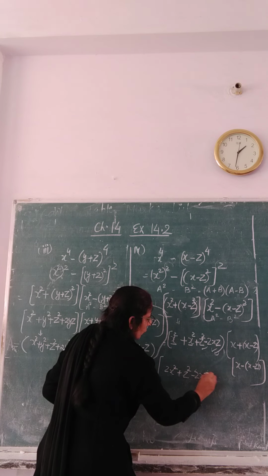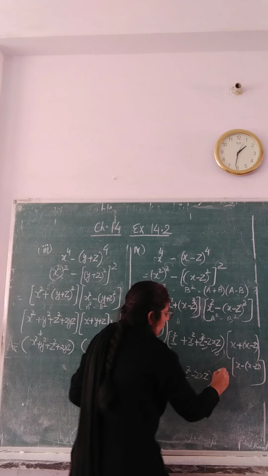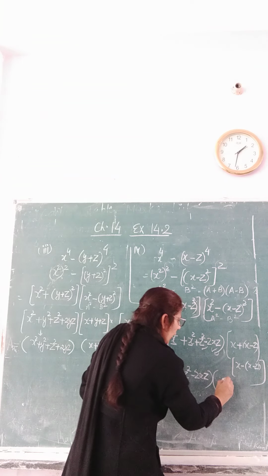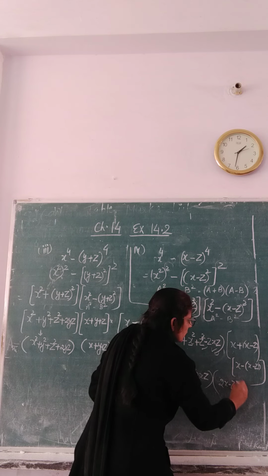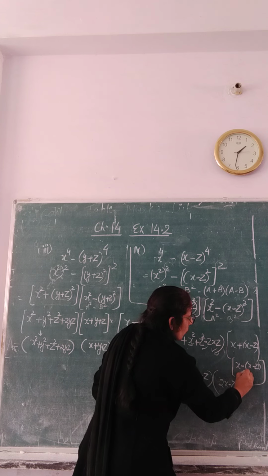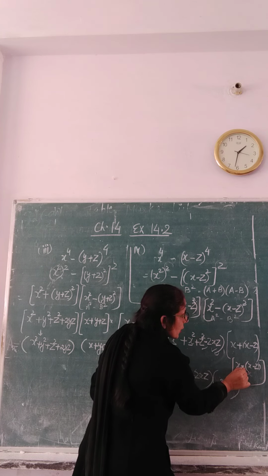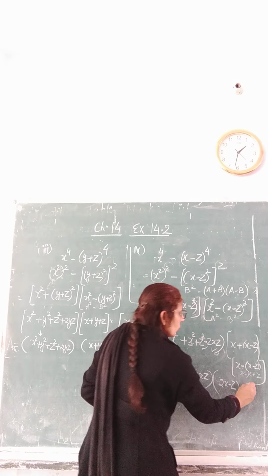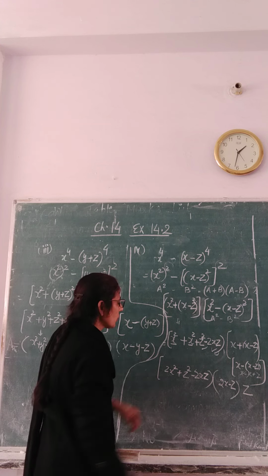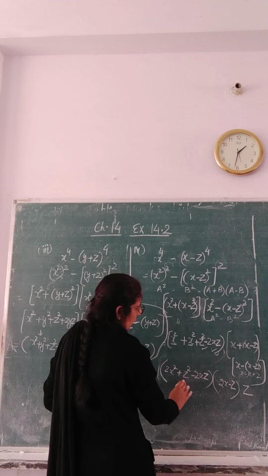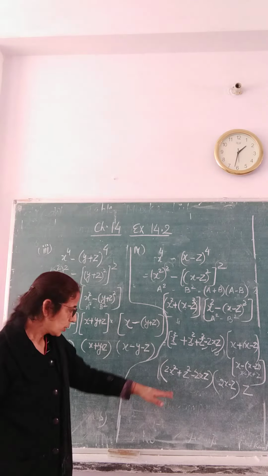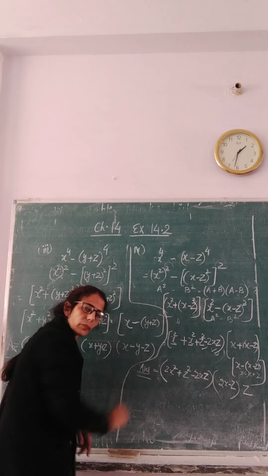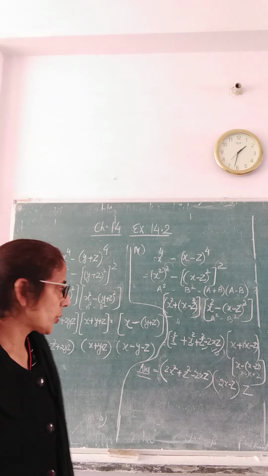This is one part. The next is x square minus (x minus z) square: x plus x is 2x minus z, and here x minus x, because minus is outside the bracket, plus z. So this x and x are cancelled, so it will be z. So its factors are this into this into this. So we have got this as the answer. Have you understood? So this question is done.